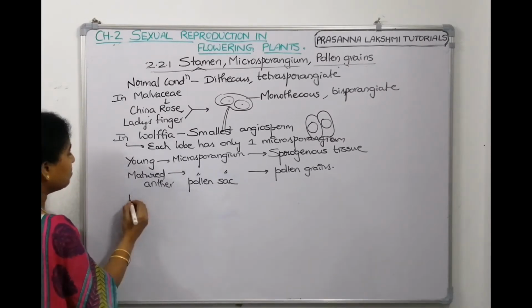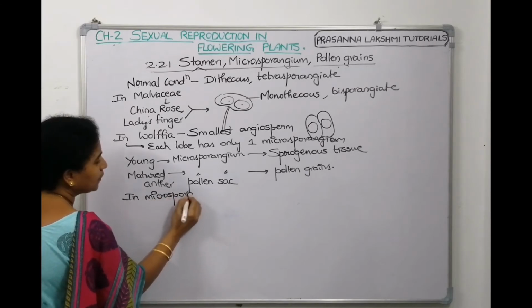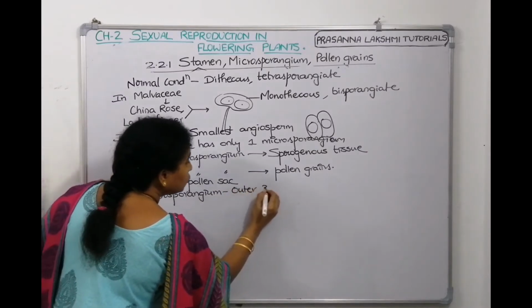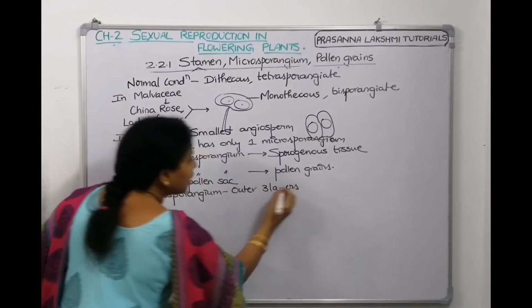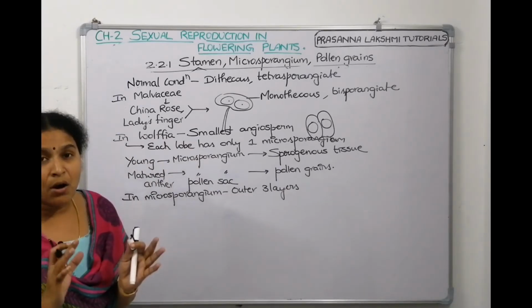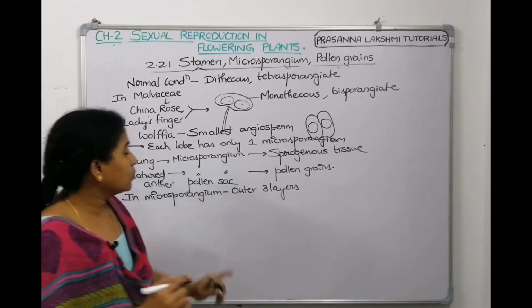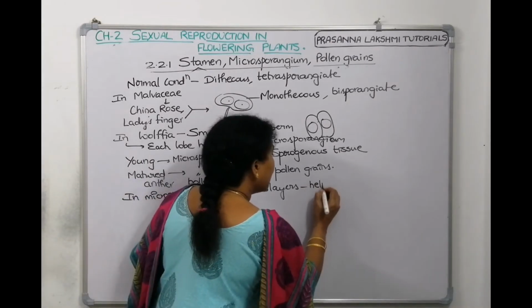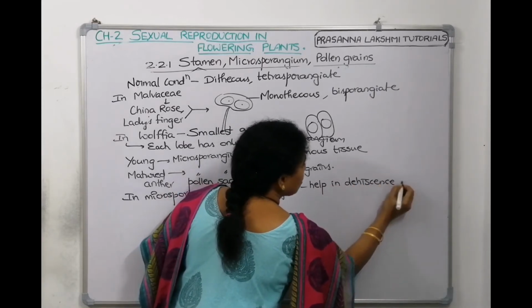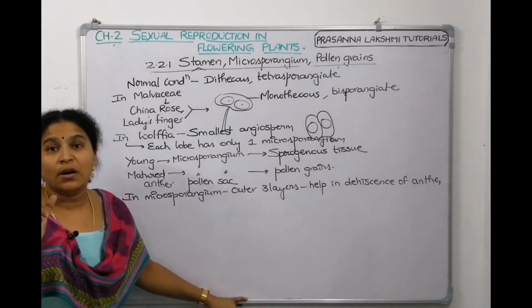So we told, the outer 3 layers, what are they? Epidermis, endothecium and middle layers. All the outer 3 layers help in dehiscence of the anther.